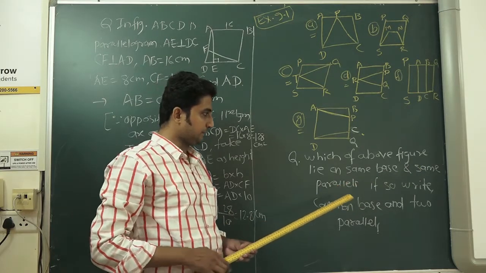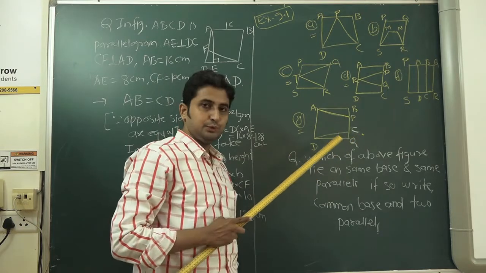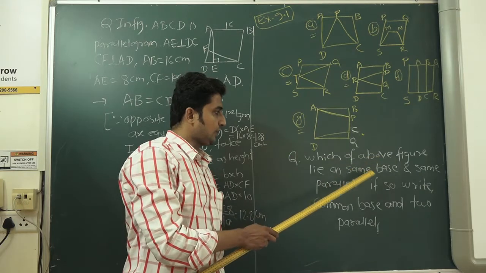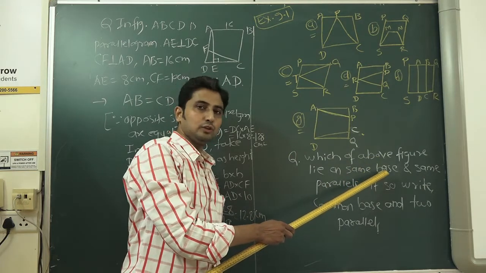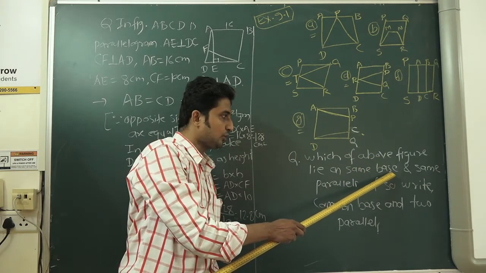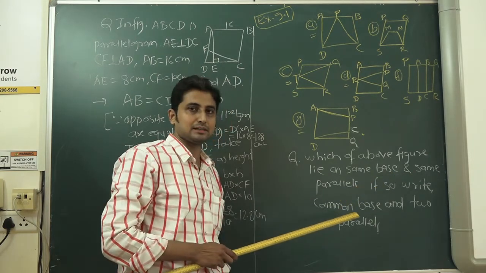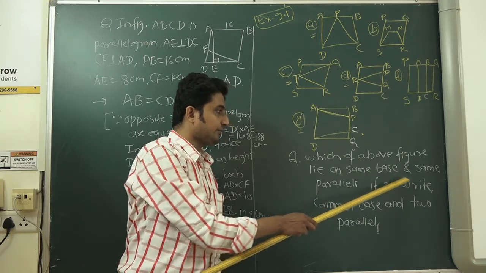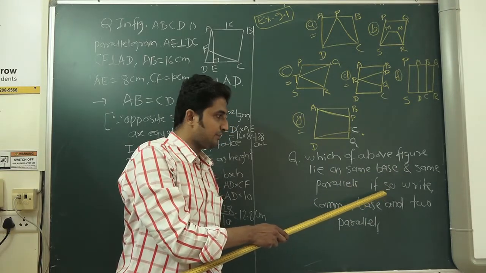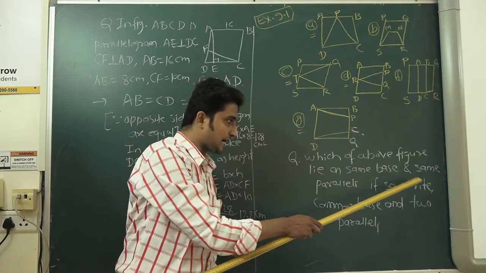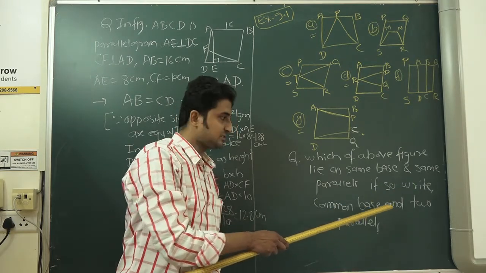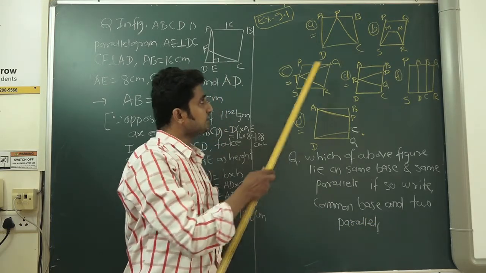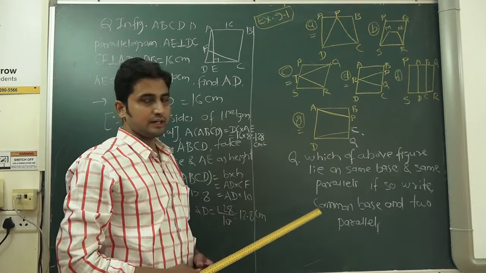Figures are given to you, and on the basis of those figures we are asked to find only those figures which are on the same base and between the same parallels. If so, then we are asked to write the common base as well as the common two parallels, right?